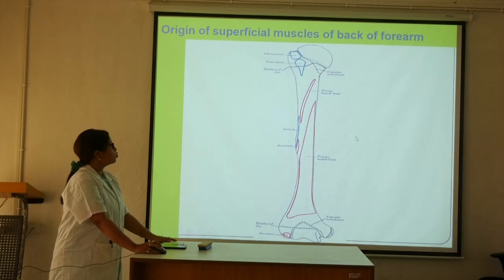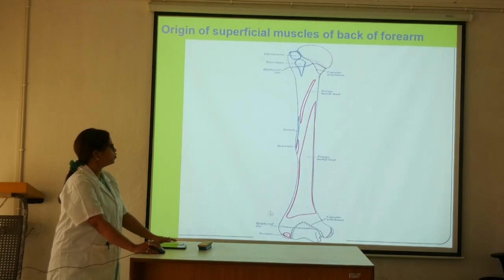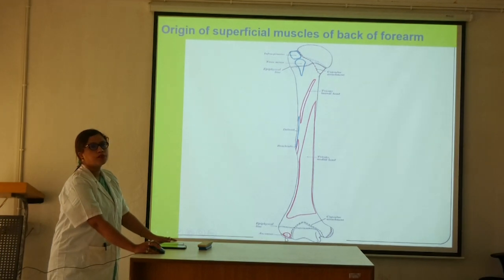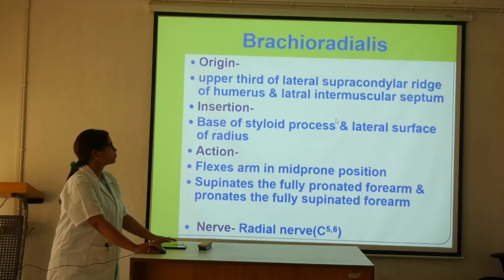Here they have shown this is the brachialis. Another muscle we will see is the anconeus. See, the origin is very small. This is the origin of anconeus. Could you see it? At the lower end, which epicondyle? The lateral epicondyle.